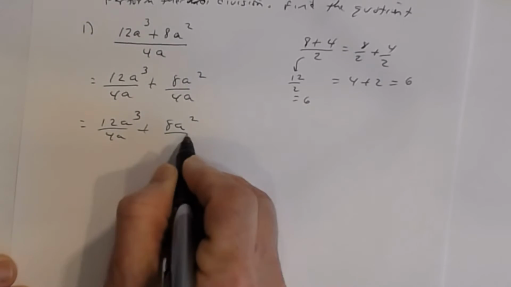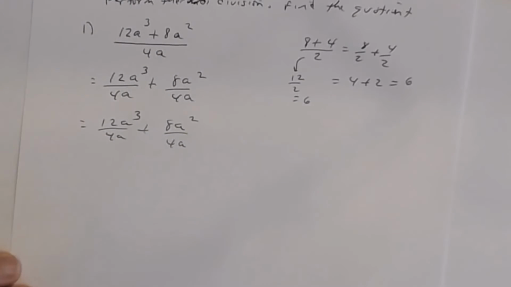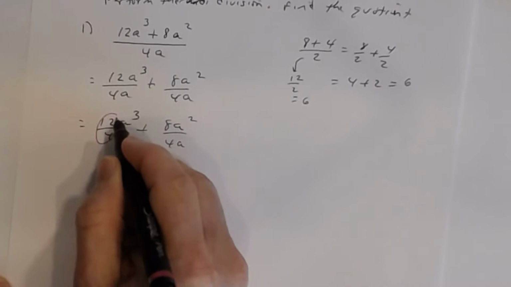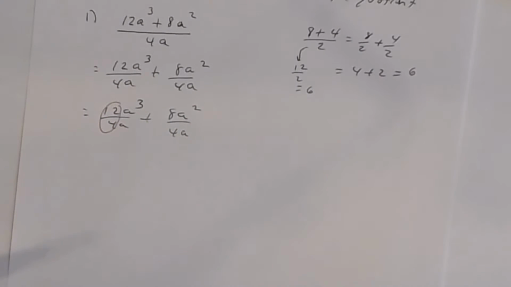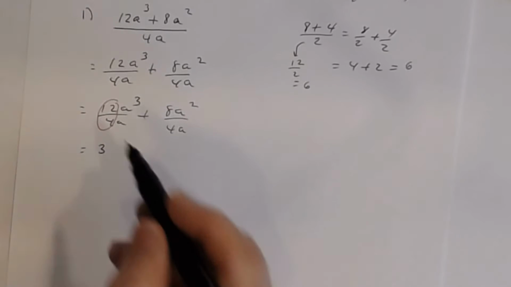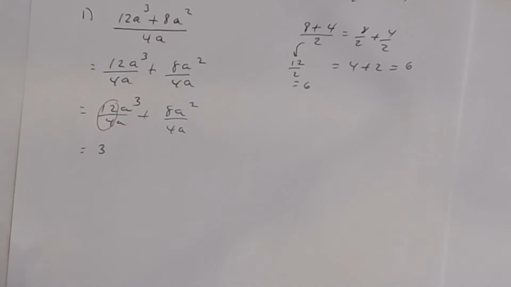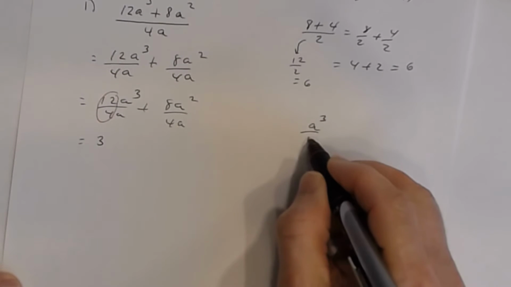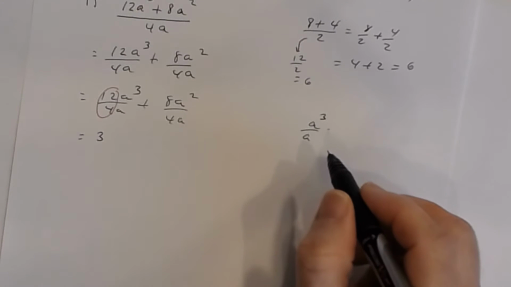So you know that 12 divided by 4 is 3, right? And a cubed divided by a: think of this from a different point of view.